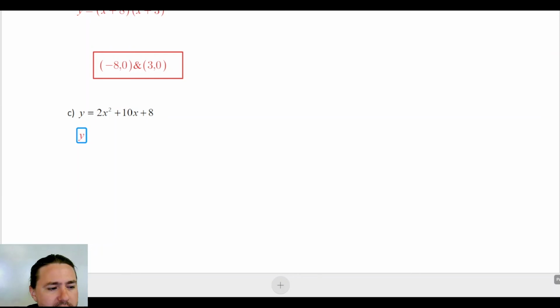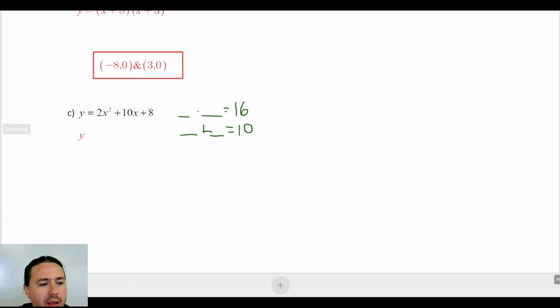So what we need are two numbers that multiply to give me 16, if this is factorable, I hope it is, and that add up to 10. So the 16, by the way, is coming from 2 times 8. So you multiply the constant and the leading coefficient. All right, so I guess that'd be 8 and 2, right? So this would be 8 and 2. 8 times 2 is 16. 8 plus 2 is 10.